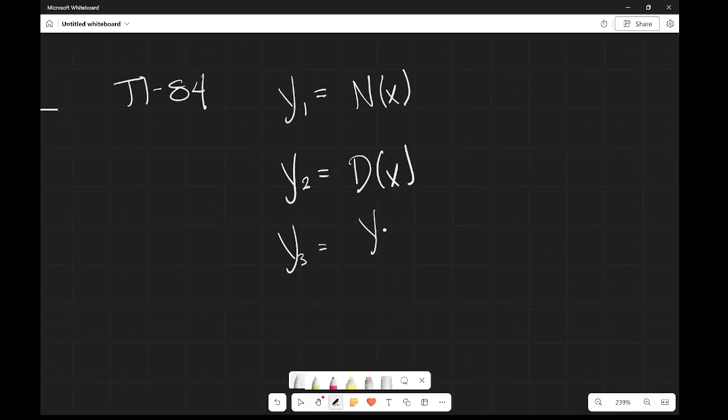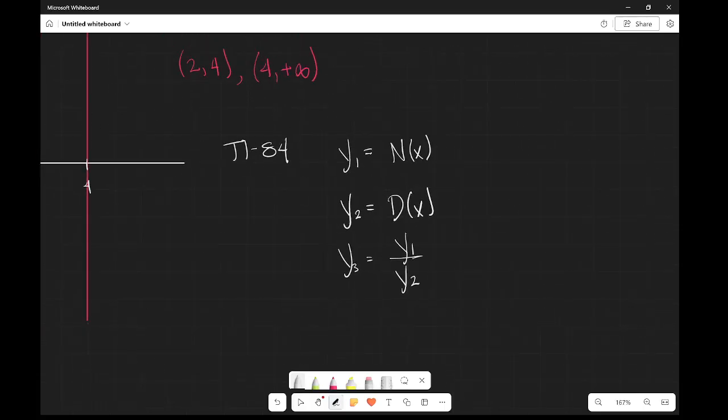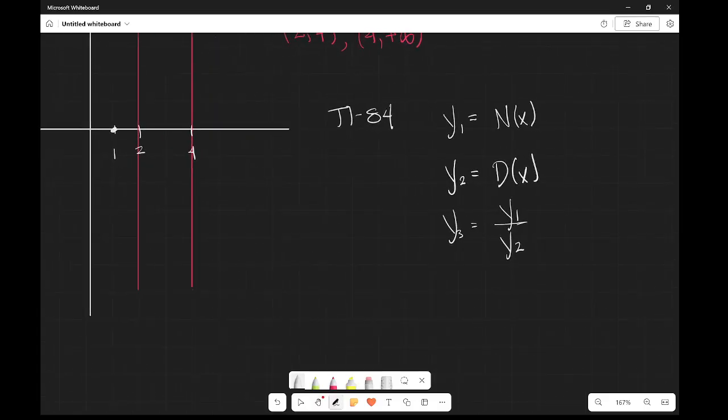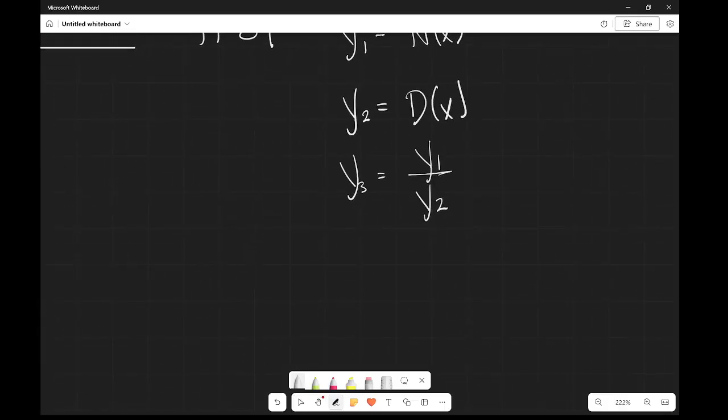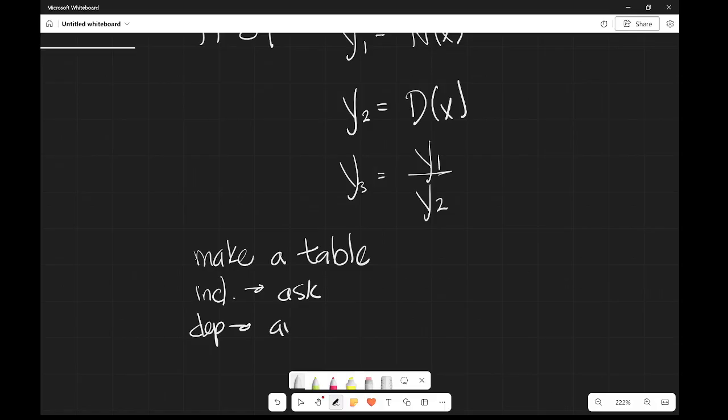So I can just write in my calculator y1 over y2. And if you plot this function, it's going to give you some values, but I don't want you to plot the function. I want you to make a table. Make a table, set your independent variable to ask, dependent variable to auto, and then you can just start typing in values for x.